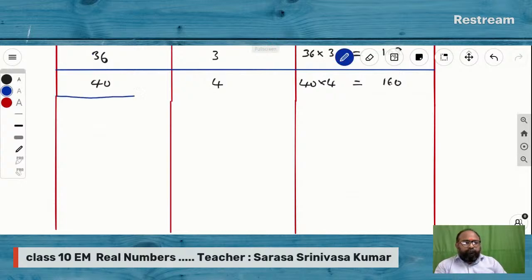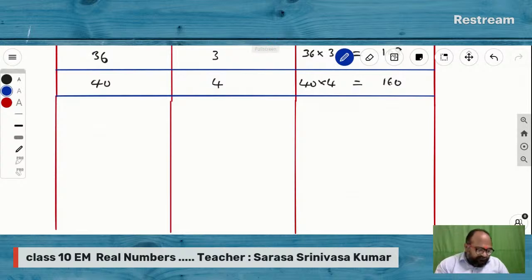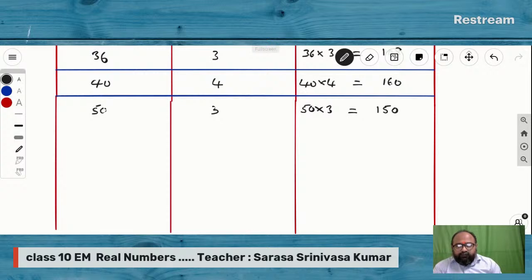Now we consider the marks 50 marks. 50 marks are obtained by 3 students. If 50 marks are obtained by 3 students, total marks are 50 multiplied by 3, that equal to 150.